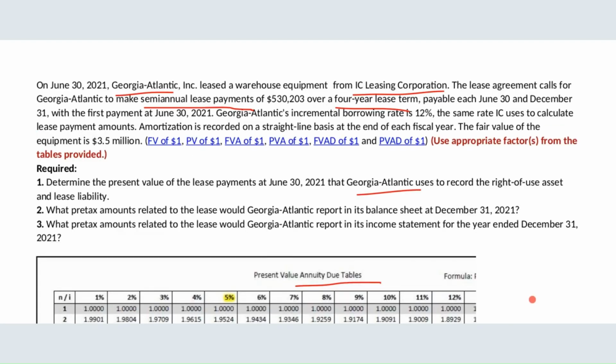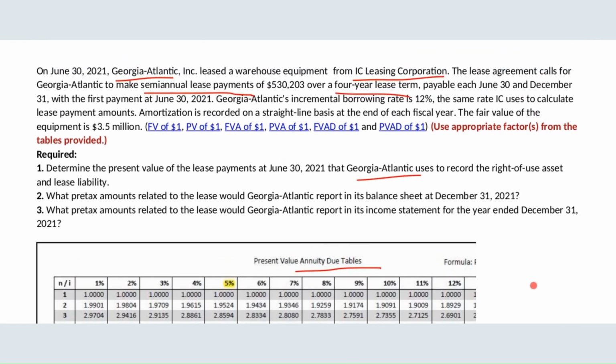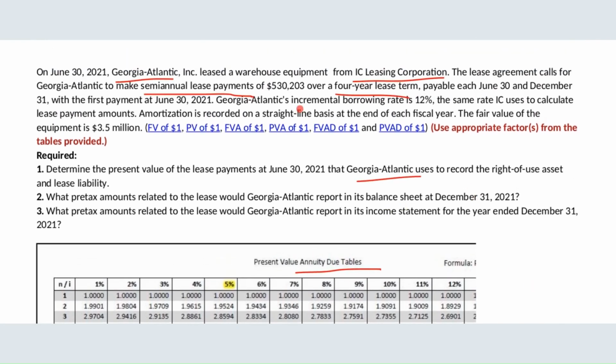Okay. And so they want us to determine the present value of the lease payments, because remember that the amount that we're going to be recording is going to be the lowest of the fair market value or the present value of the lease payments. Okay, that's what we're going to be recording in our balance sheet.